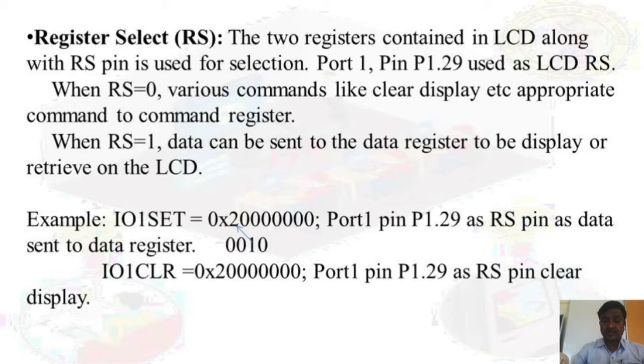And if I am clearing the pin P1.29 using the instruction IO1CLR, that is 0x20000000, port 1 pin P1.29 as the RS pin, clear display, that is we are setting it to 0.